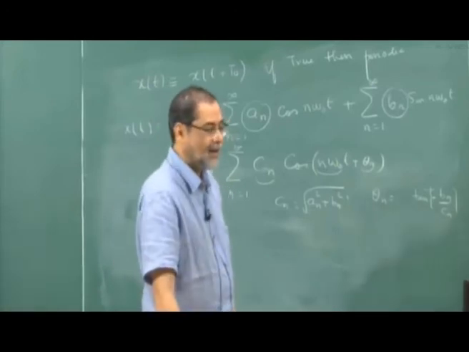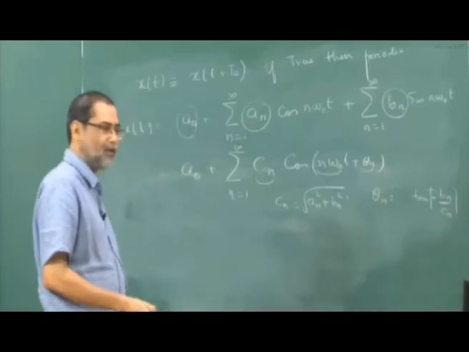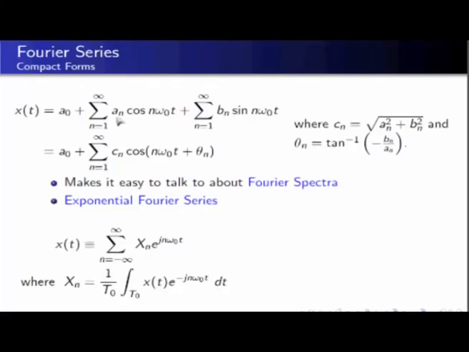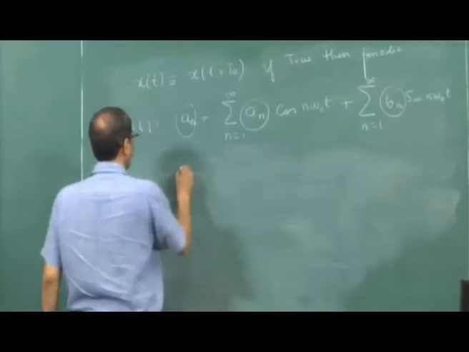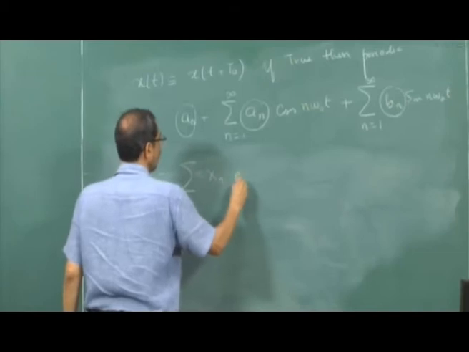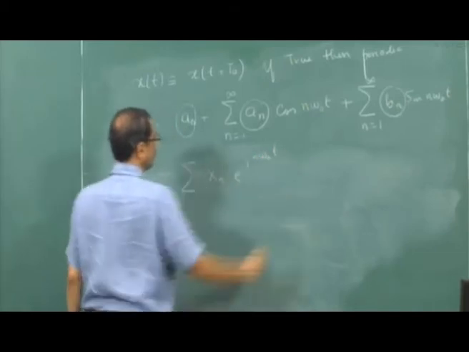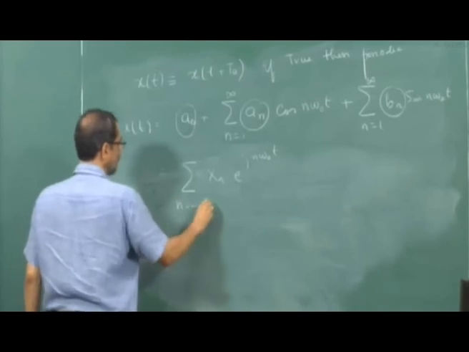Okay. Another compact form is what is called the exponential Fourier series, where I don't know again whether Fourier himself did this. Instead of using sines and cosines and so on, I can write this as xn e to the power of j n omega naught t. Now n goes from minus to plus infinity.